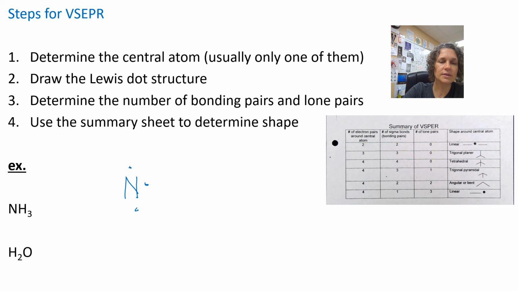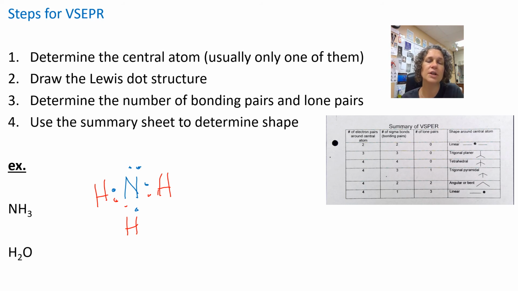You can look back, we've already done this one, so I'll just draw it real quick. And then it's got the 3 H's, H, H, and H. Okay, so now you have our Lewis dot structure.